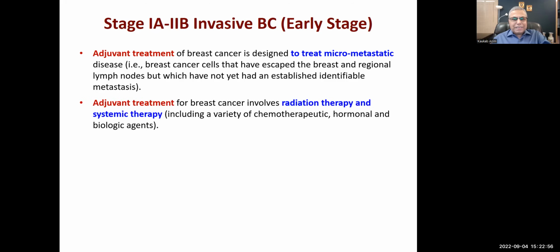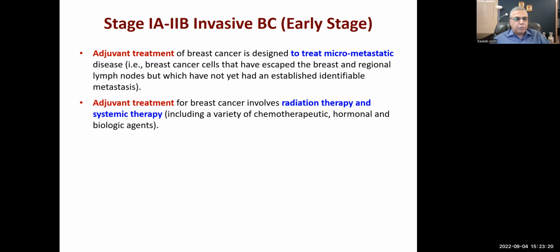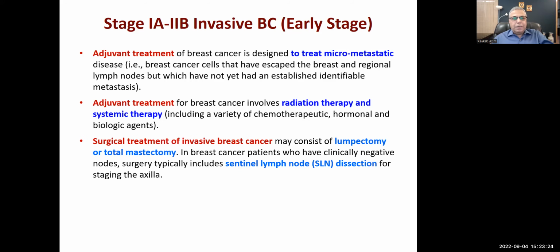Adjuvant treatment for breast cancer involves radiation therapy, but remember, radiation therapy is localized therapy. If some cancer is left behind in that region where the cancer was present before you removed it, then you give radiation therapy. And systemic therapy goes everywhere in the body, okay? So systemic therapy is chemotherapy. We can use hormonal therapy, we can use biologic agents, we can use other cytotoxic drugs.